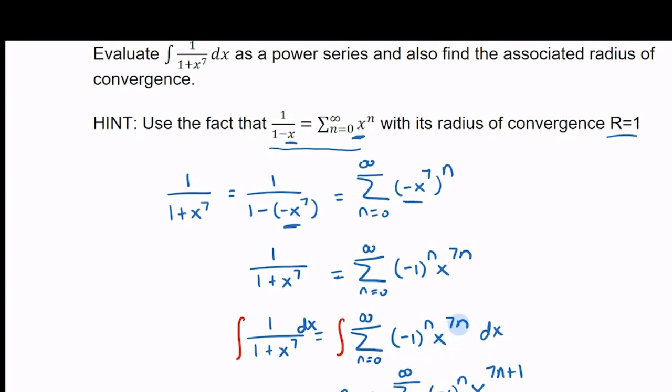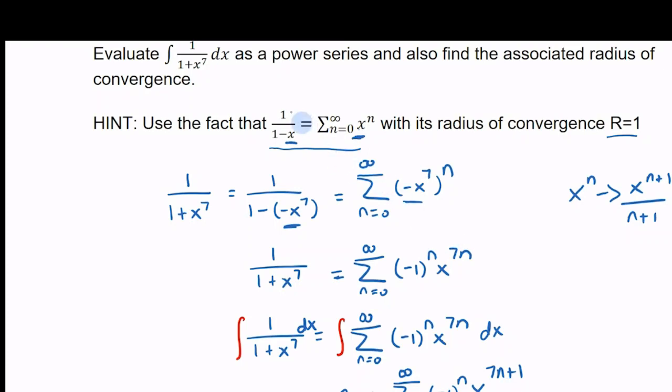X to the power 7n. Well, like any other x to the n, we would use the power rule in order to integrate. It would have been x to the n plus 1 divided by n plus 1, but in this case, my original exponent was 7n. So it's x to the 7n plus 1 divided by 7n plus 1. So that means this integral here can be expressed by this power series.